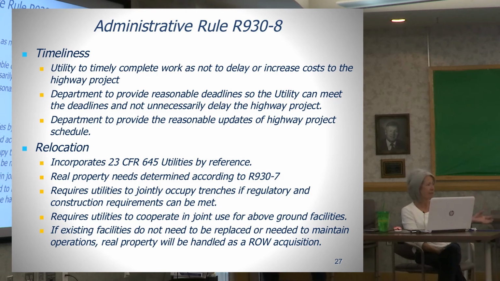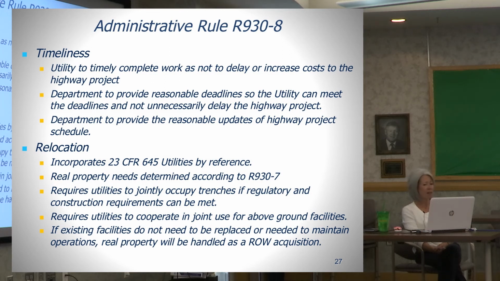And that's at the design phase as well as the construction project. If you're going to accelerate a project in the design phase, if you're going to postpone or delay or cancel a project at the design phase, the utility needs to know.